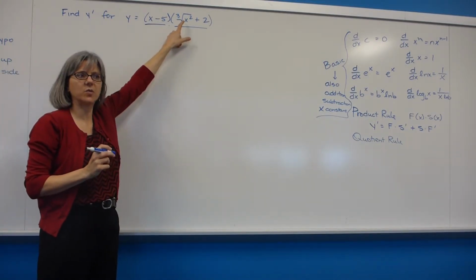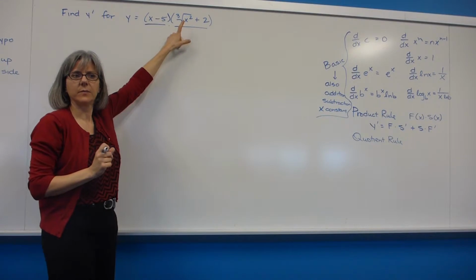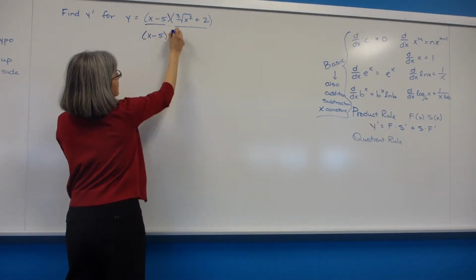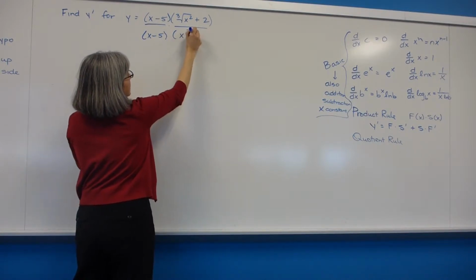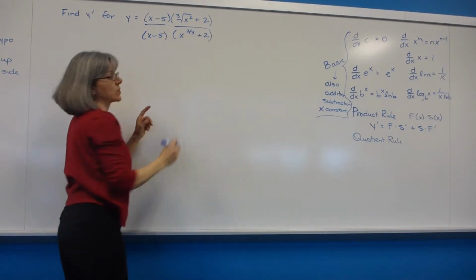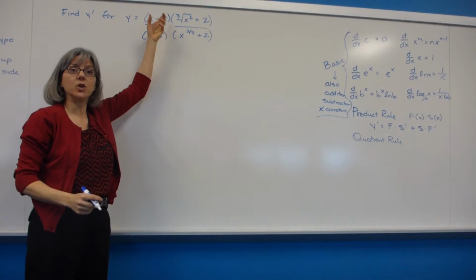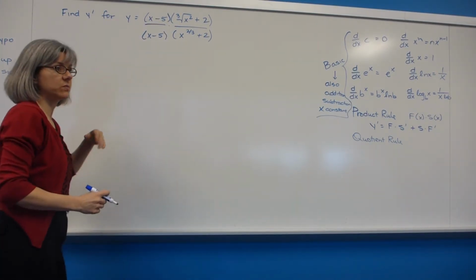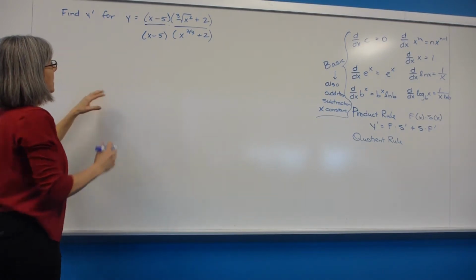How do I rewrite the cube root of x squared? x to the 2/3. So the square stays on the x, and then the cube root becomes the bottom of the fraction in the exponent, the 1/3 part. Okay, so now we're ready.